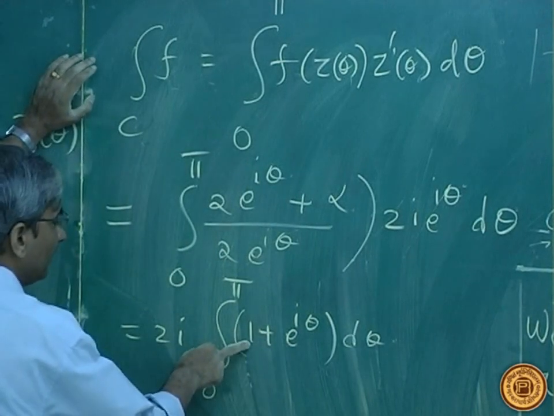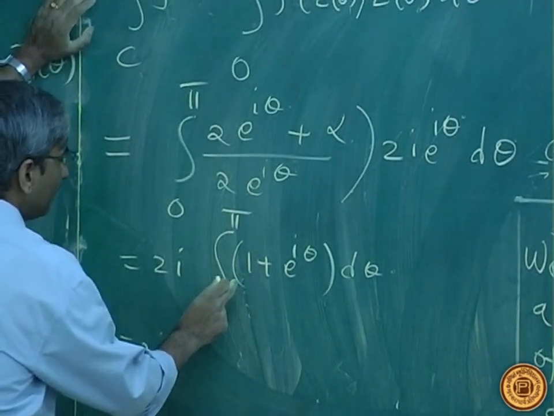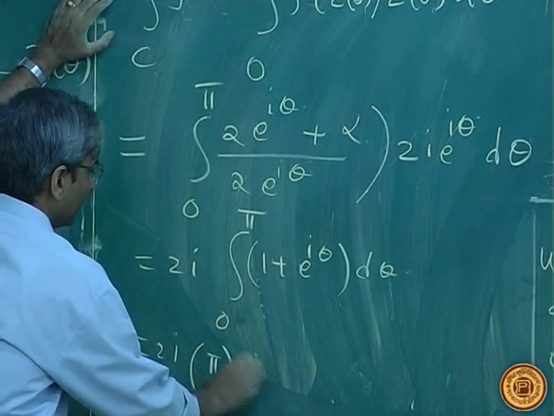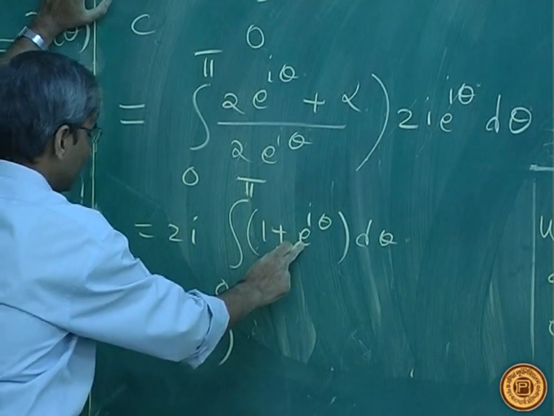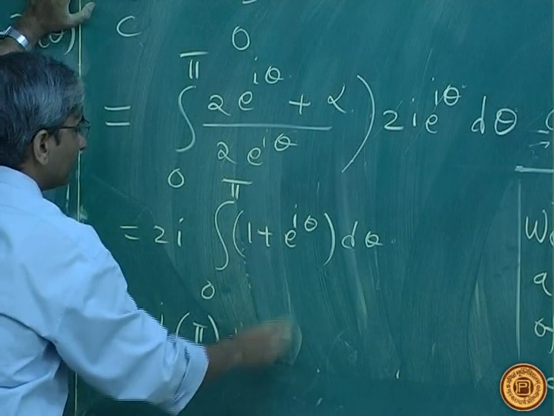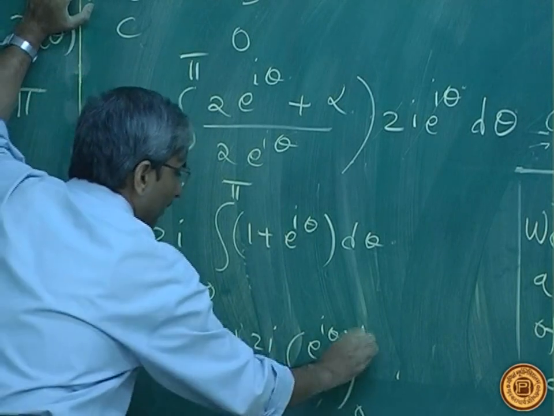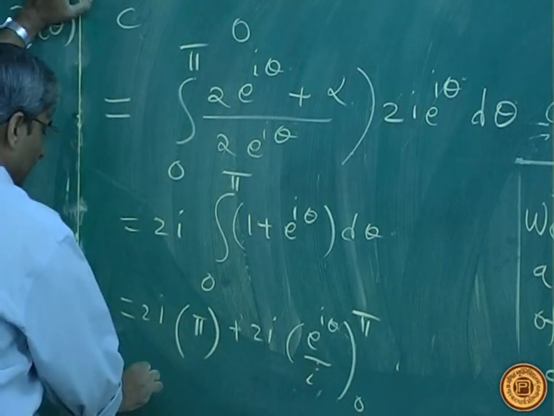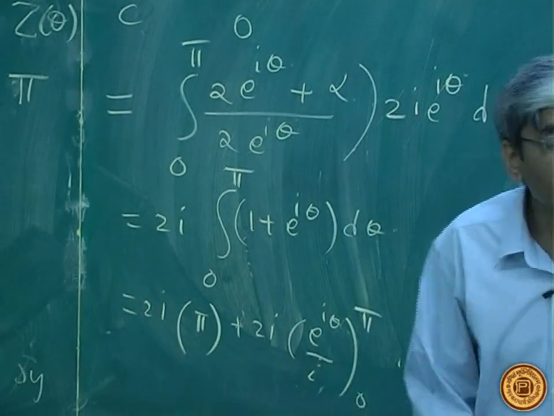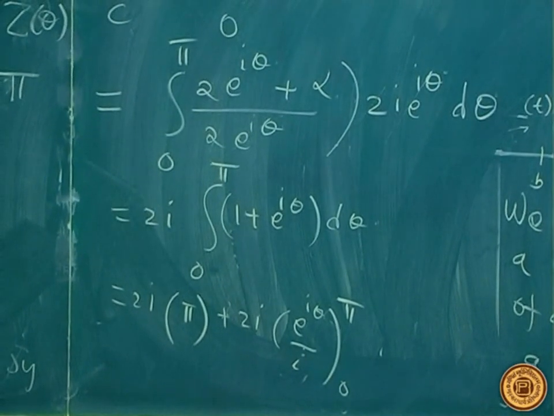The integral of 1 is theta, so theta from 0 to pi, that means pi. Is this clear? And the integral of e raised to i theta is e raised to i theta upon i, from 0 to pi. So 2 pi i plus, these computations are carried out on the next page, you can read that.